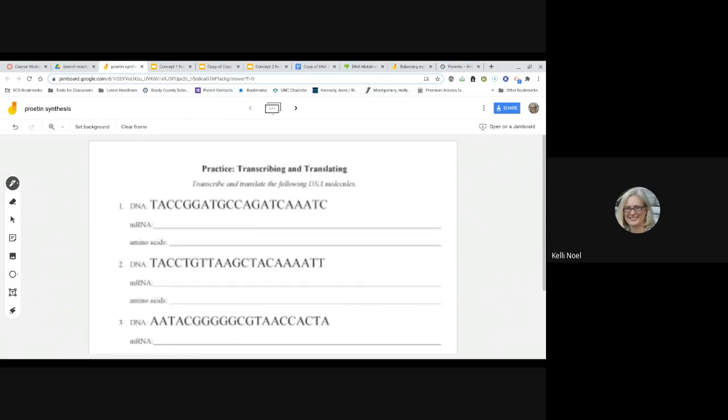All right, so for mRNA, you need to use A. Anytime you see an A in DNA, you're going to put a U. When you see a T, you'll put an A. When you see a C, you'll put a G. When you see a G, you'll put a C. If it helps, write that down. This is your DNA. This is your mRNA. So here I have a T. I like to draw a little line so I don't get confused.